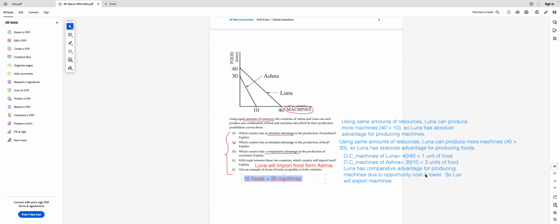The conclusion we get here is Luna is exporting machines. Maybe 20 foods equals 10 machines.